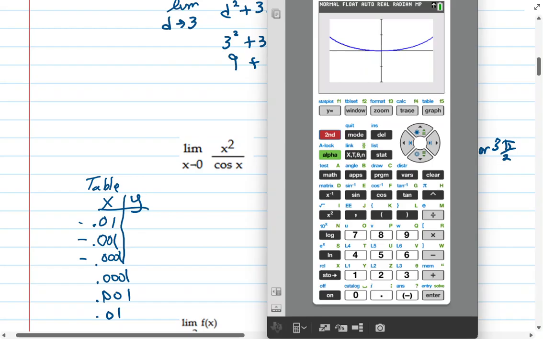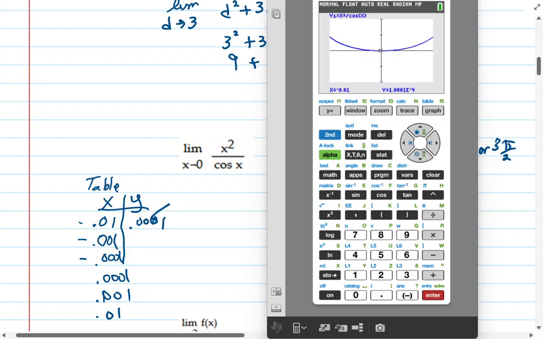So second calc value, and I'm going to point negative 0.01, and I get 1, 2, 3, 4. There it is. 0.001.